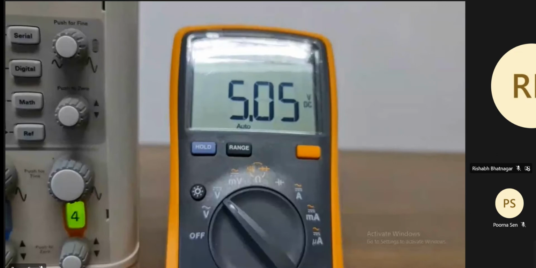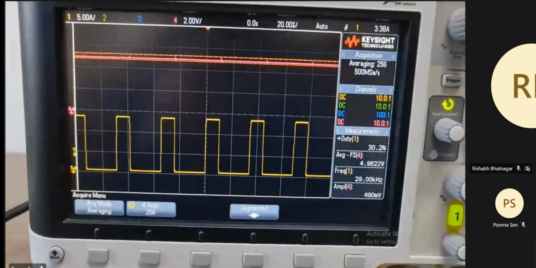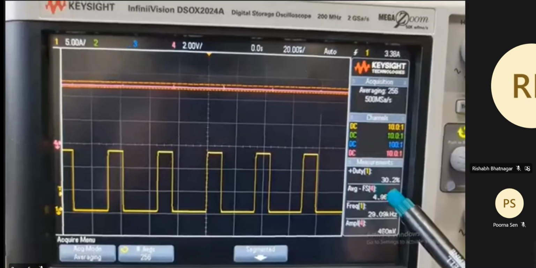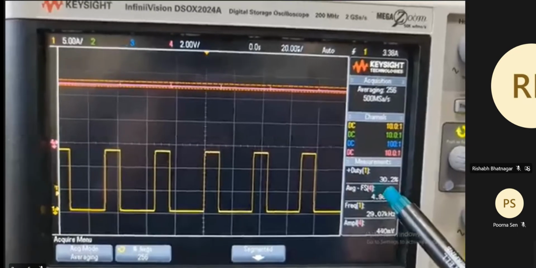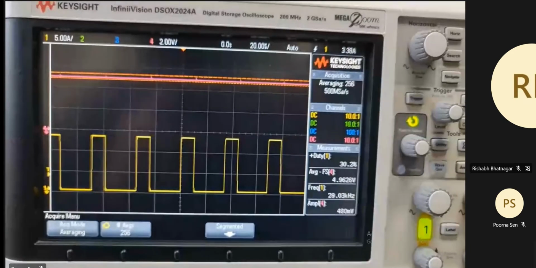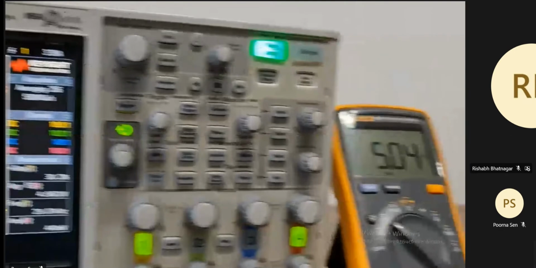But if you look at the duty ratio, initially it was 23%, but since I have increased the load, the duty ratio has to increase to maintain the load voltage. You can see the duty ratio changed from 23 to 30.2%. This is essentially to regulate the load voltage, which has a constant reference voltage set to 5 volts.